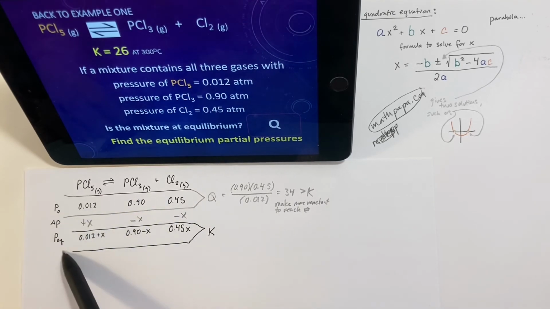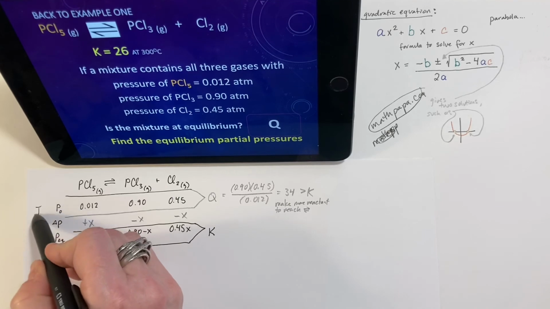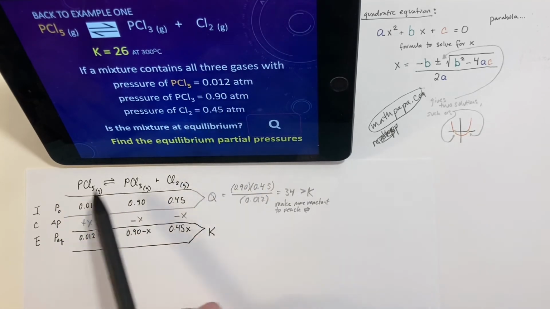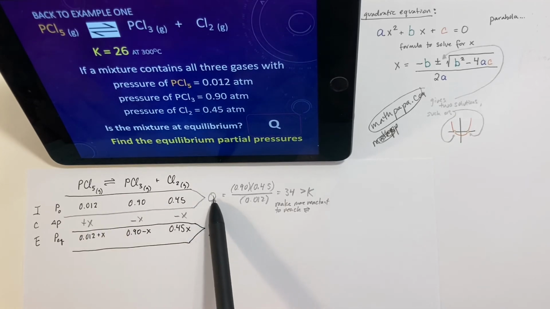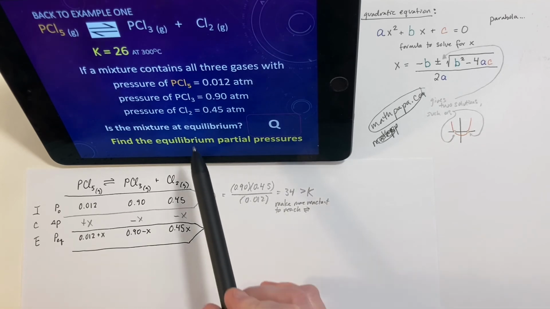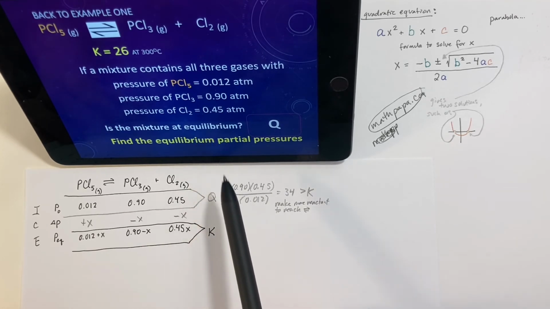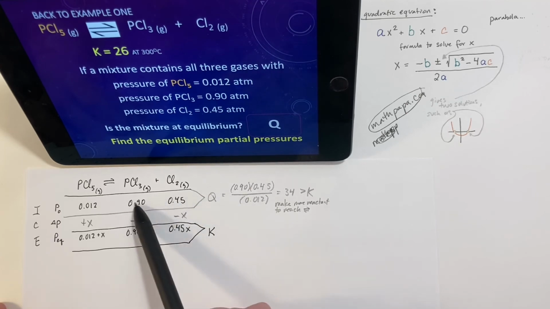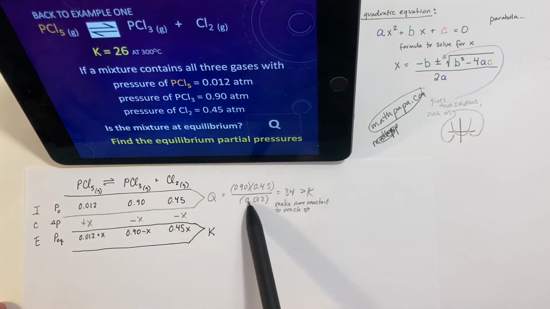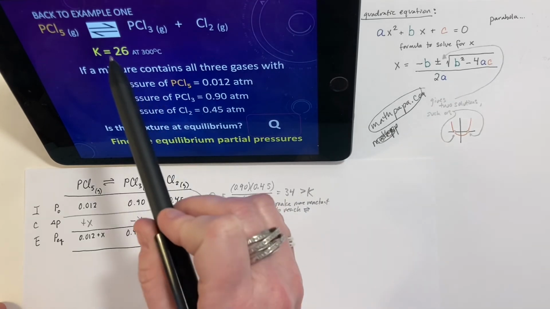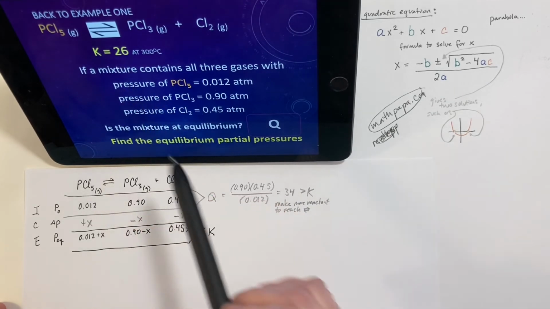So in our ice table, remember this is the initial, change, and equilibrium. These are the initial pressures of all 3 gases. So we actually had to calculate Q to determine not only if the mixture was at equilibrium, but if not, what has to happen for it to achieve equilibrium. So we had to put the products over reactants in here, and we found a Q value equal to 34 and compared it to the known K value of 26.